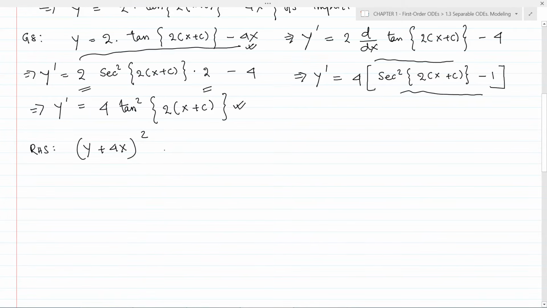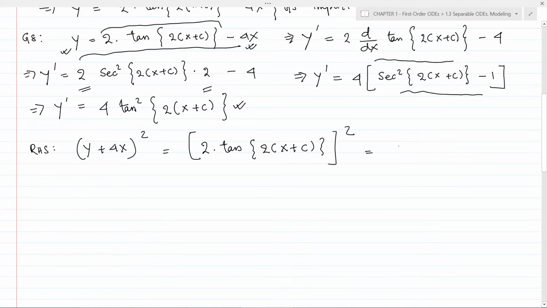So this we can write as 2 whole into tan of 2 of x plus c, whole square. Now this can be written as 4 tan square of 2 whole into x plus c.